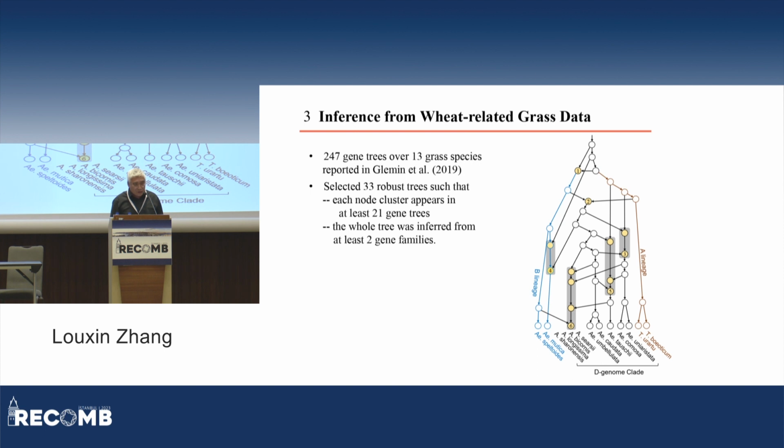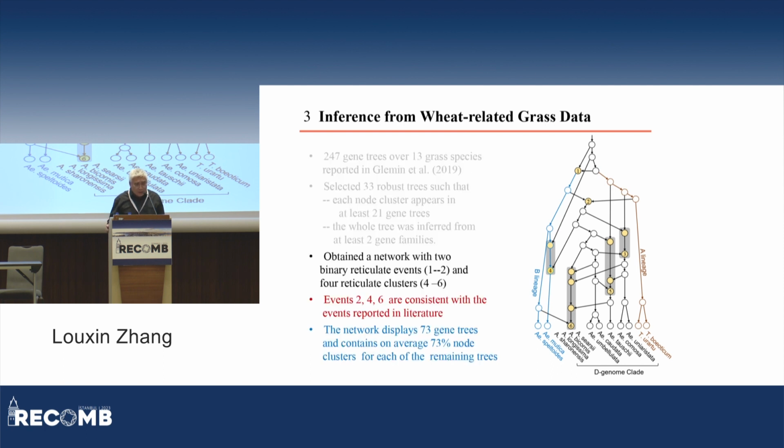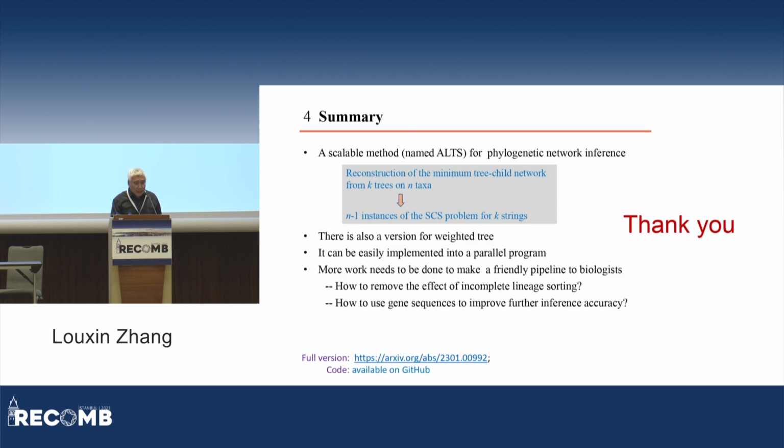Three clusters are consistent with events reported in the literature. Then we also have 2 new events. The network displays 73 gene trees, which contain, on average, 73 node clusters for each of the remaining trees.